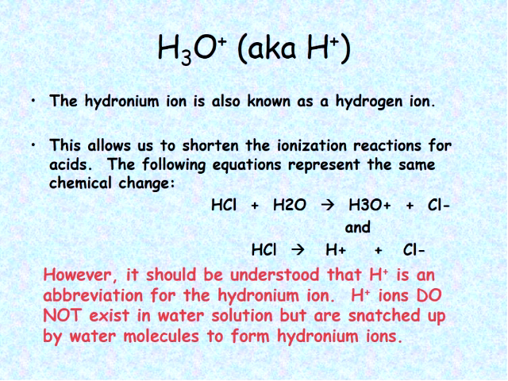All right, so again, H3O, AKA hydrogen ion, is what we're used to seeing when you talk about acids. So this hydronium ion is also known as a hydrogen ion. Basically it allows for some shortening of this stuff.